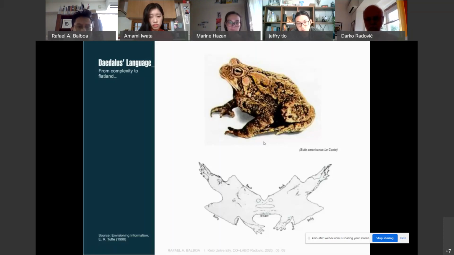This is something Edward Tufte points out in one of his books, Envisioning Information, about how we can represent something so three-dimensional in something much more two-dimensional: all the complexities embedded in reality, and how we need to reduce them in order to represent them.